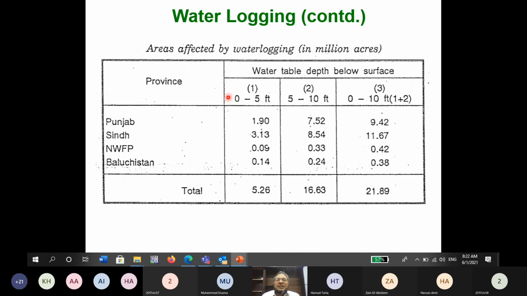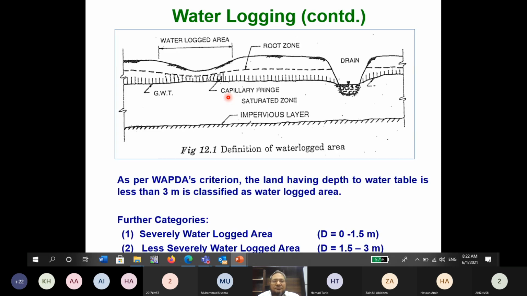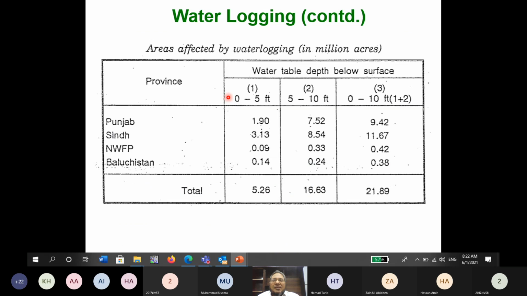So 0 to 5 feet means this land is severely waterlogged. Severely waterlogged, the water table has come very high. And this is less severely waterlogged soil from 5 to 10 feet, which is 1.5 to 3 meter.